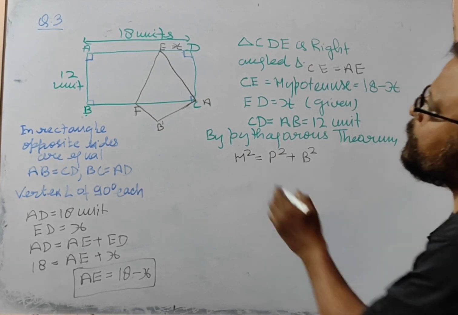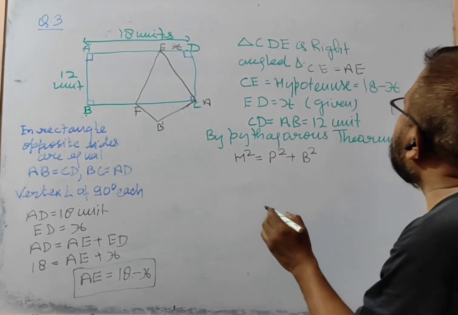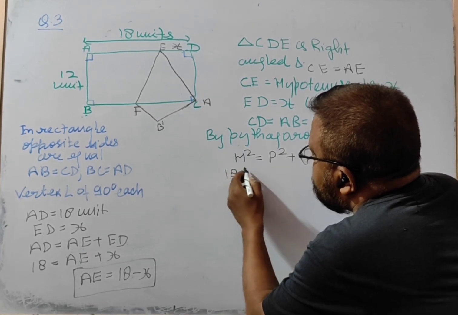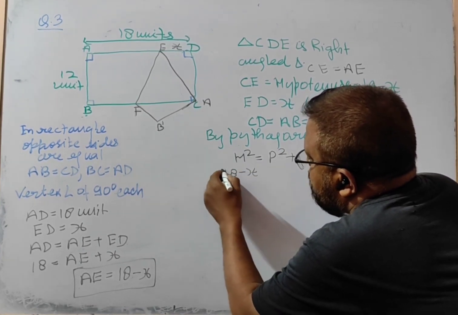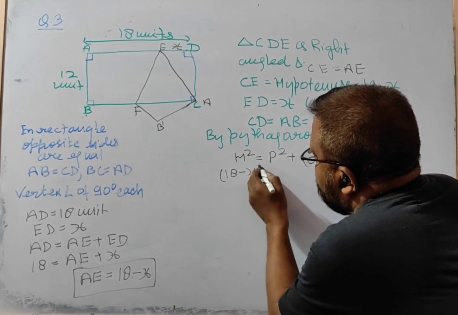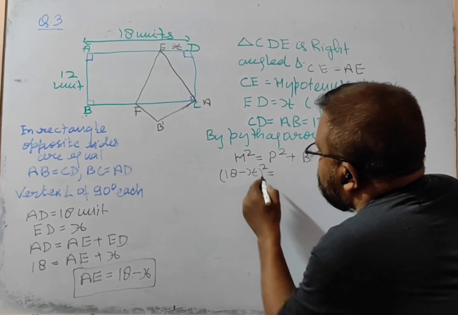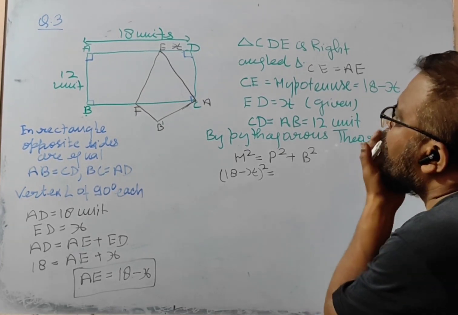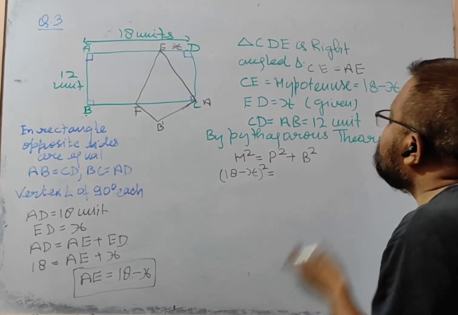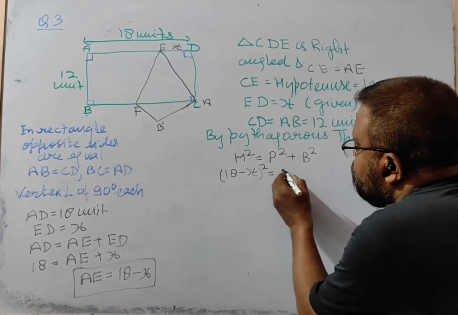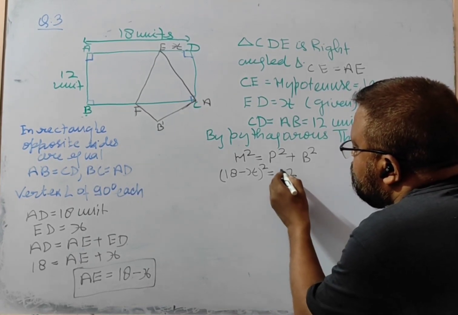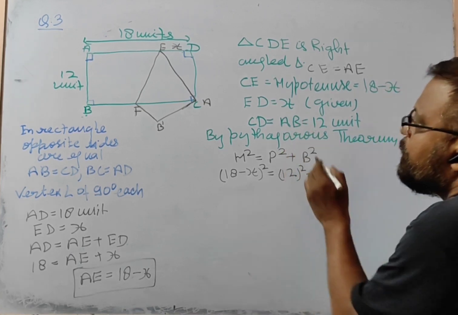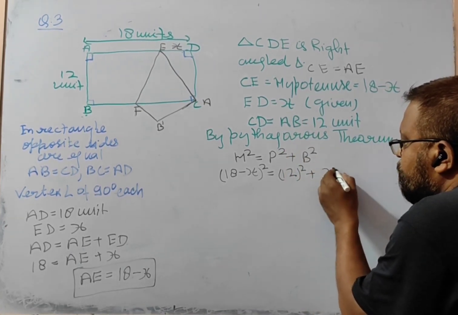So h square is CE and that is 18 minus x whole square, equal to perpendicular, that is CD, that is 12. So 12 whole square plus base x square, right?